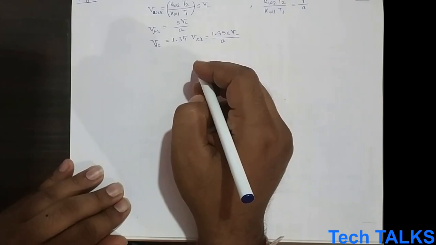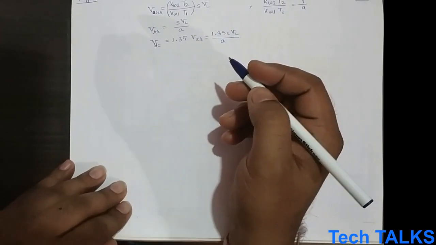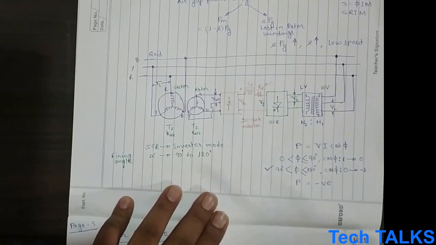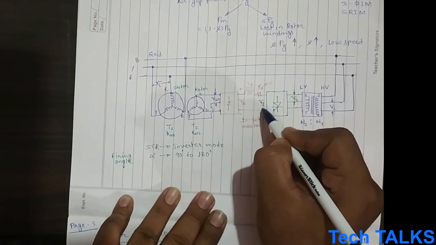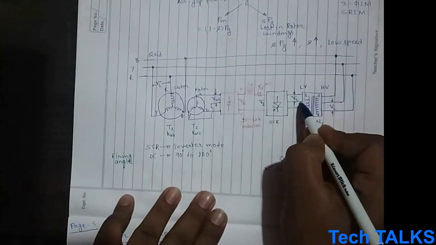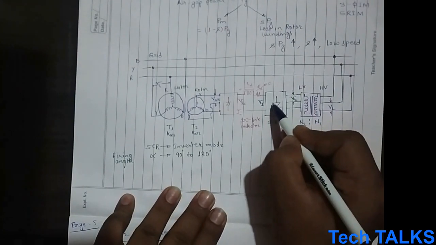Now, if we go to the other side of the figure, here you can see VI.